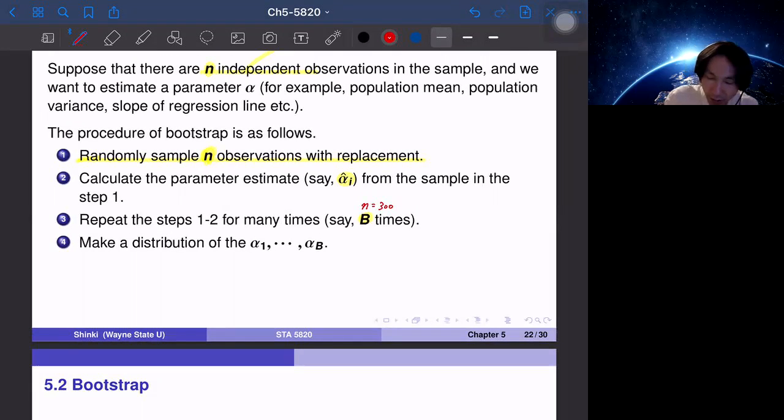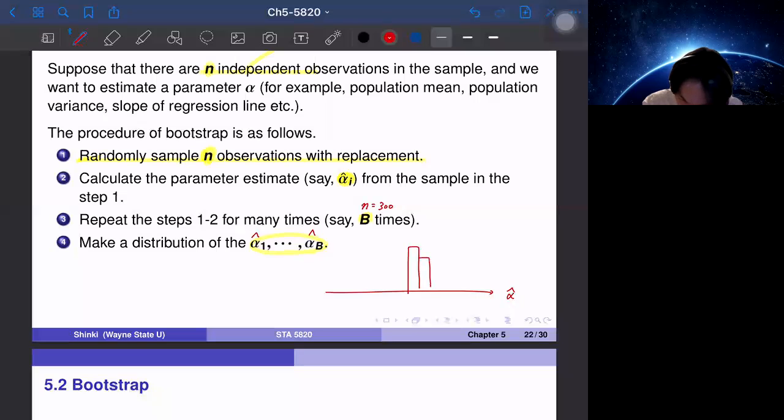And make a distribution. So we estimate the same parameter again and again with randomized samples. Then we have the alpha hat, a distribution of alpha hat.